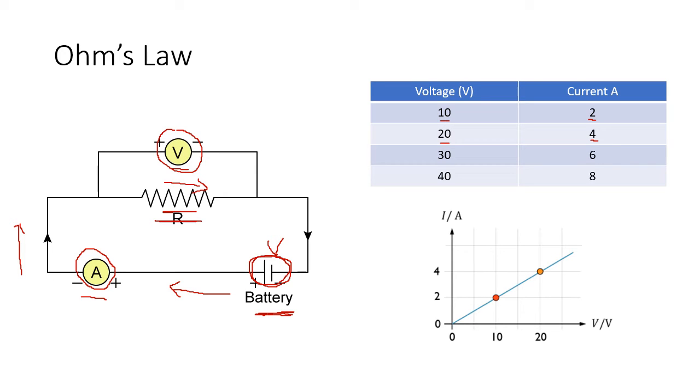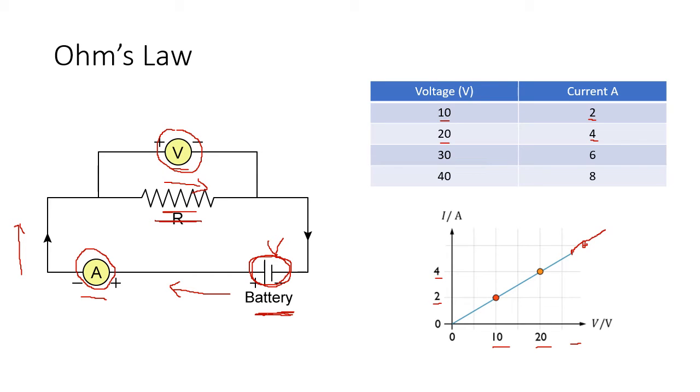Yes, and when we plot a graph, for 10 volt we have a current of 2 ampere. For 20 volt we have a current of 4 ampere, shown by these 2 points. Similarly, 30 volt will give us a current of 6 ampere. So what you can notice is a straight line.